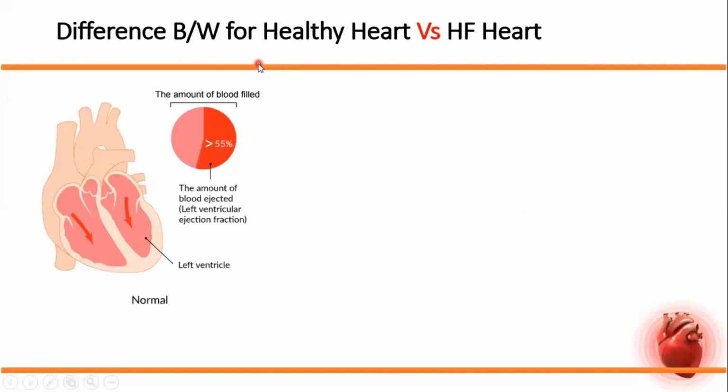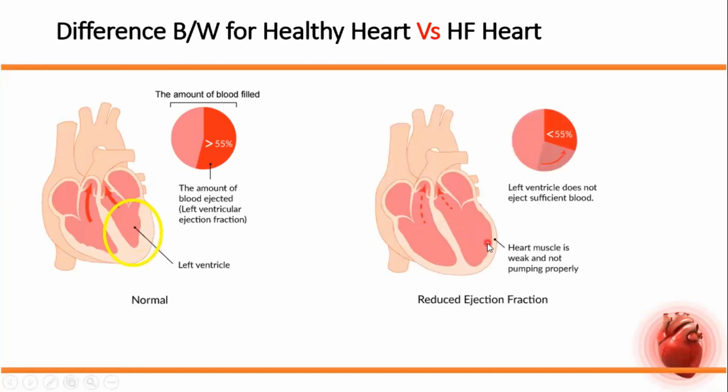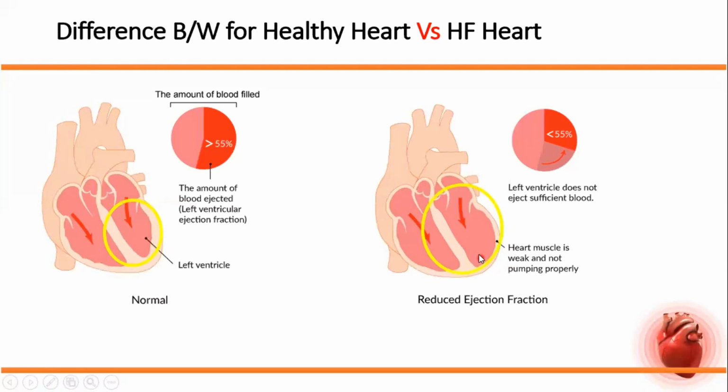What is the difference between a healthy heart and a heart with heart failure? The major difference lies in the left ventricle. This is a normal healthy heart where you can see the left ventricle is sufficiently contracting, whereas in a heart failure, the muscles of the heart become weak, and because of the weakness in the muscles, you can see the left ventricle is not contracting sufficiently.